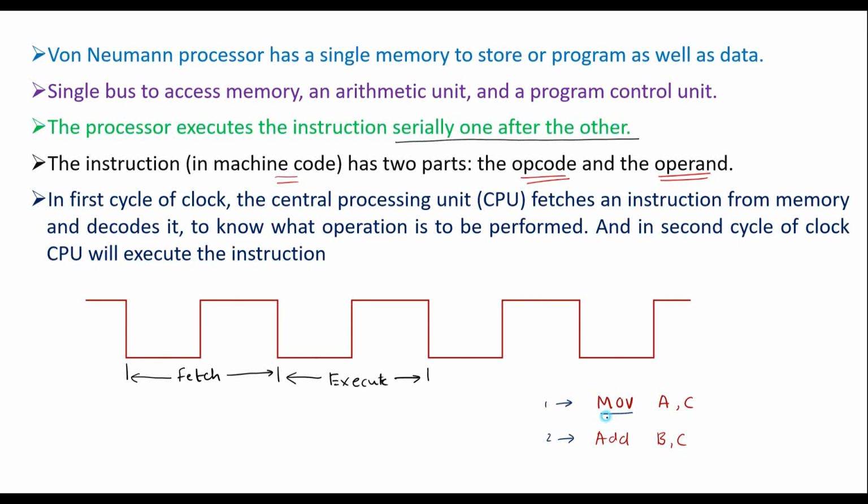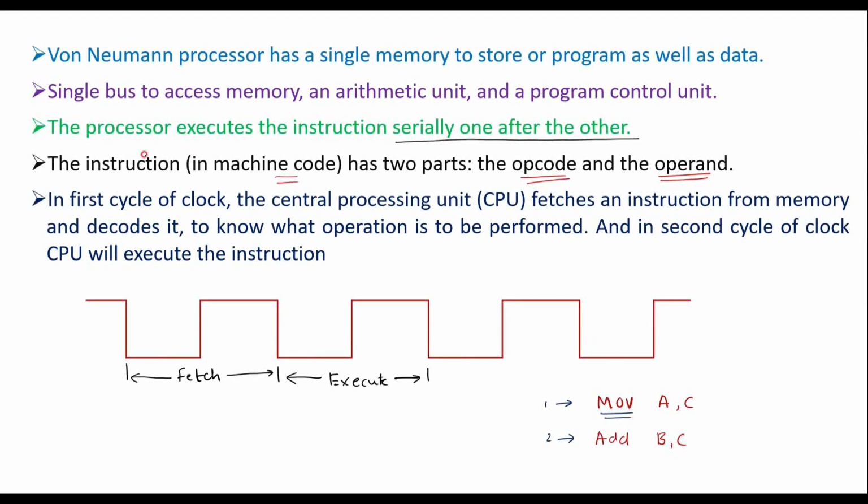Here MOV, that is move, is nothing but the opcode, and A and C are the registers in which data are stored. Those are the operands. Similarly here ADD is the opcode and these two are operands, that is, registers in which data is stored.